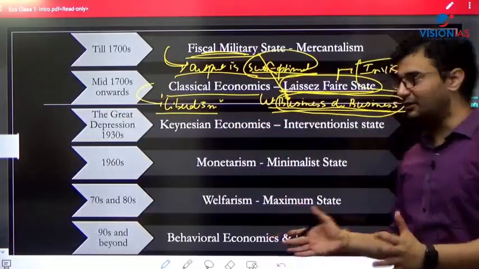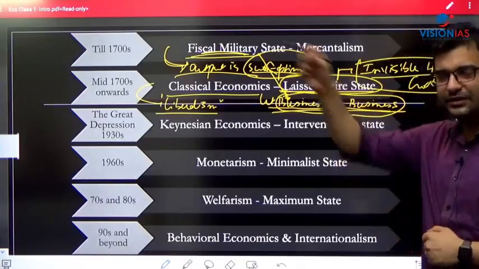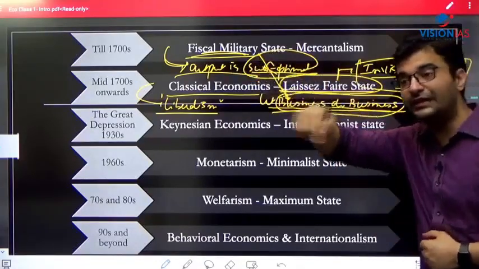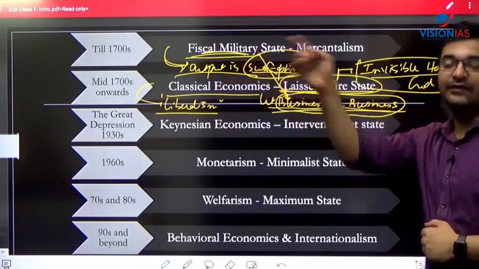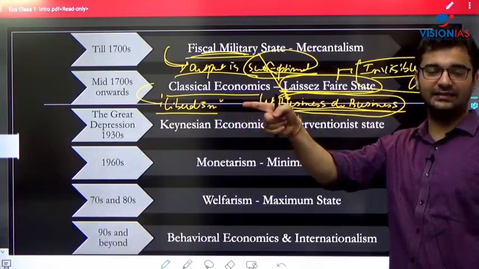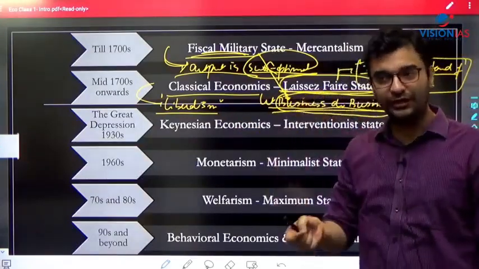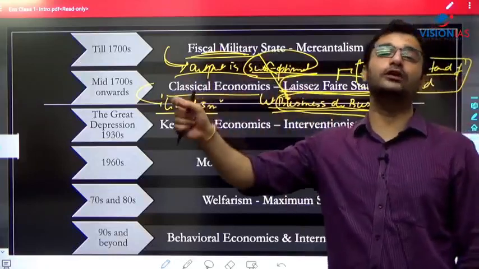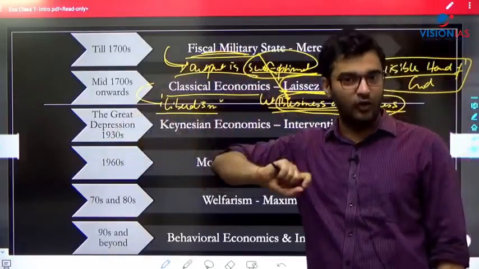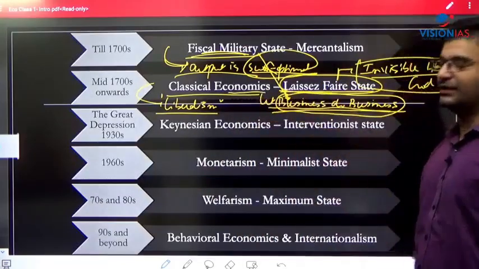Classical economists argue that there is this invisible hand of God. Understood? Nobody is working for the benefit of society, but society will get benefited. Everybody is working for their own best self-interest. Nobody is working for anybody else's interest. But because everybody is working for their own interest, it will produce the best outcome for everybody else, for the society. This is what the invisible hand is. So this is what classical economics argues.